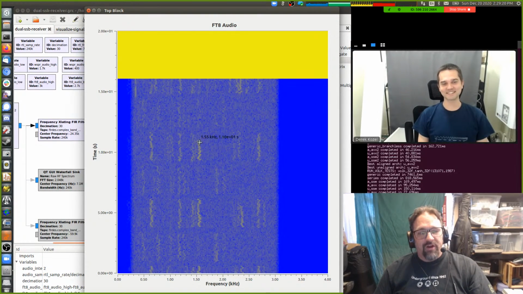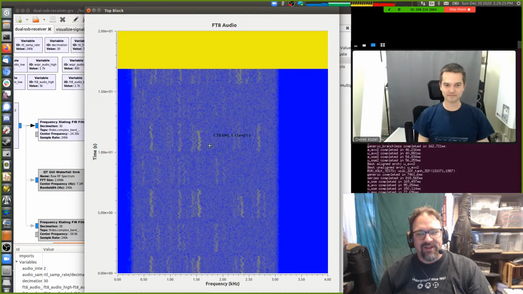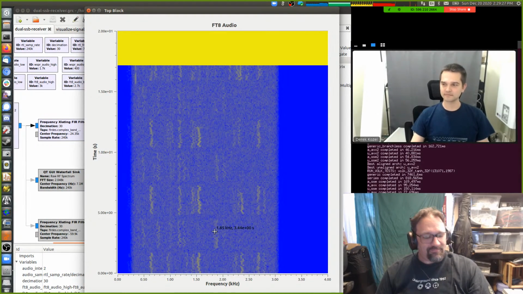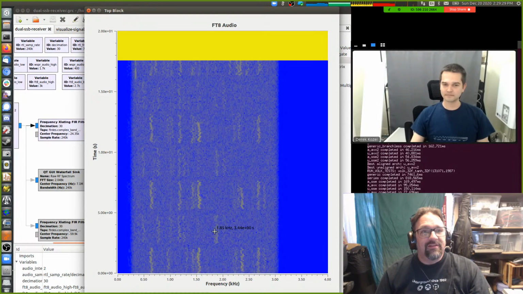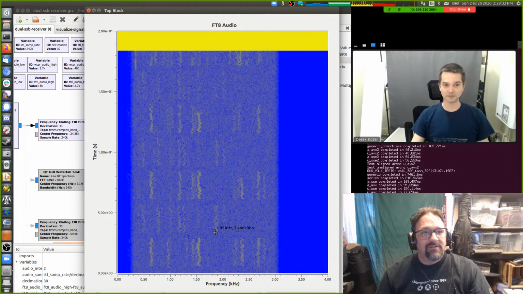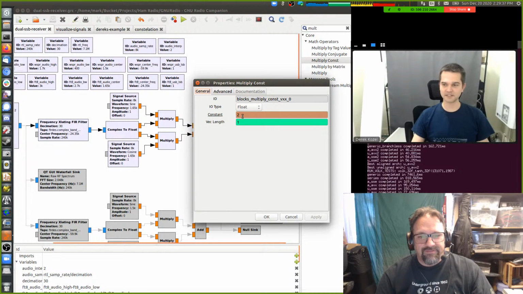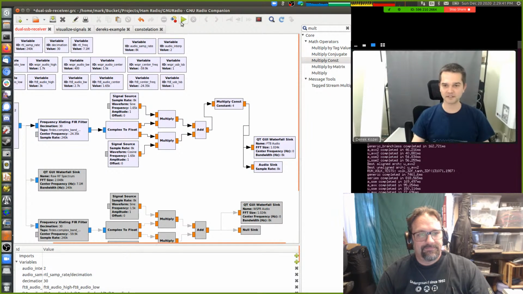So here's the waterfall. You can clearly see the 15-second blocks of each of the different FT8 signals, right? I don't know if you can hear it very well if I shut up. There's absolutely nothing coming to me. Okay. Let me turn that volume up a little bit. I mean, that could be that Skype isn't getting it.